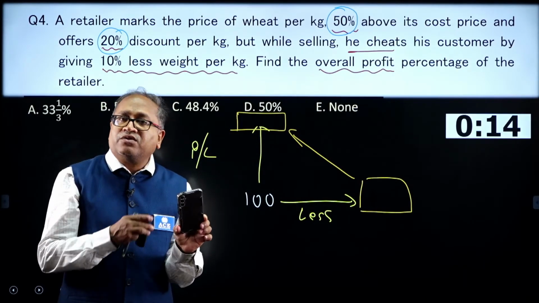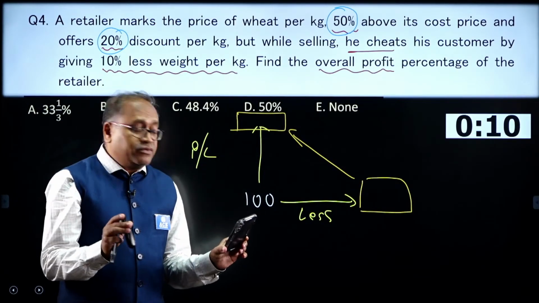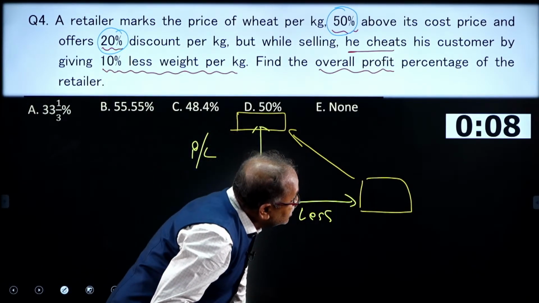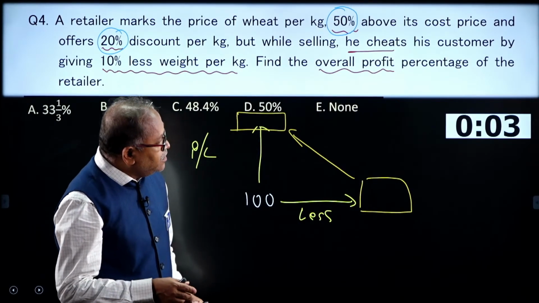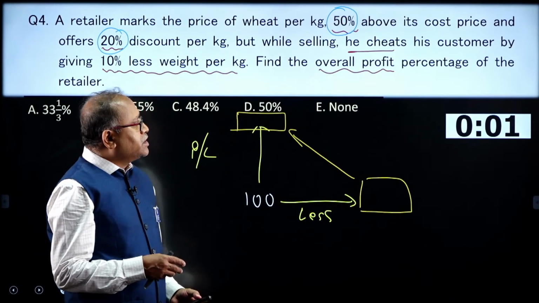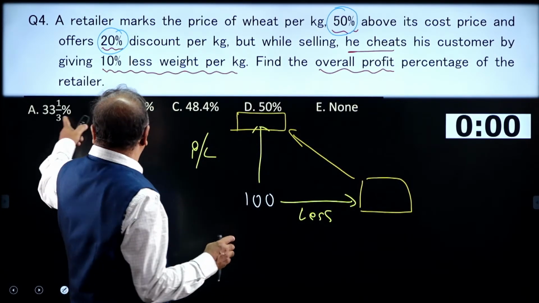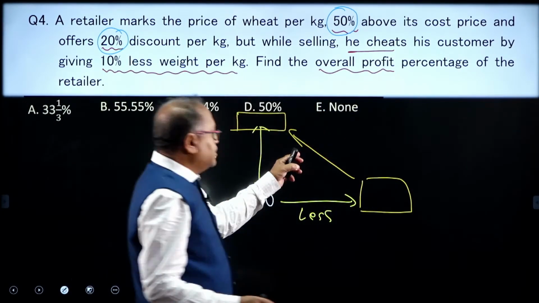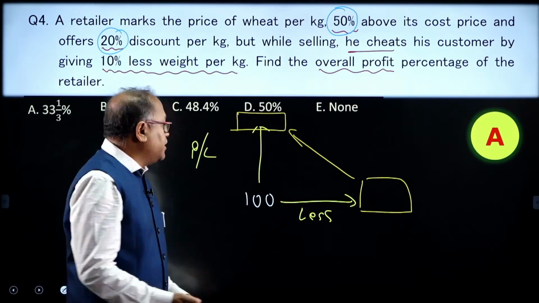We just have to know almost all the questions, go there and start solving. Time is going to be over, 2 seconds, 1 second, time up. Sai has said option A, 33 1 by 3, that is right Mr. Sai, option A. Well done, well done.